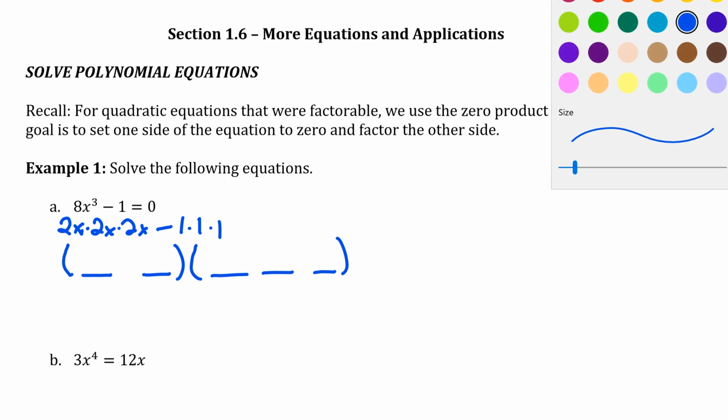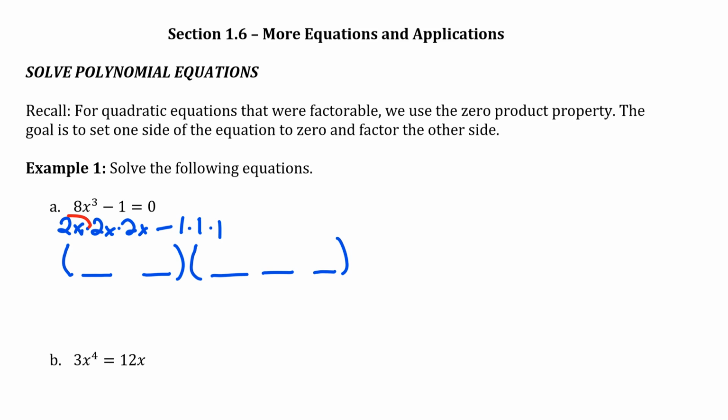And what happens is this first one comes into this first blank. These last two get multiplied back together, so 2x times a 2x, and they go into this first blank of the second set. So that's 4x squared. Now the first one comes to this first blank.